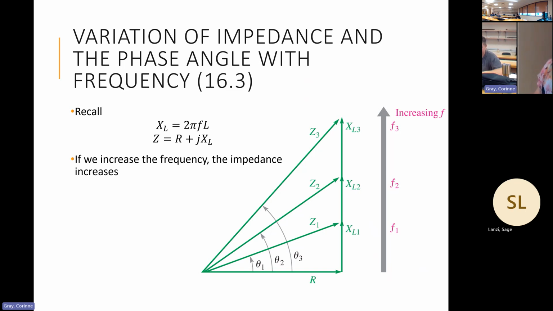For the inductor, it's the exact opposite. As we increase the frequency, we are increasing the X value, because if we look at our equation here, as frequency goes up, we're multiplying by larger and larger numbers, so XL has to be larger. By default, that means the impedance gets larger as well.